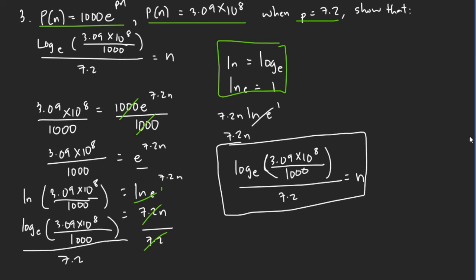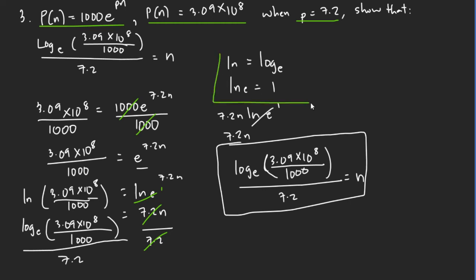Alright? So, question. Teacher, I'm confused. What am I going to do if I need to prove not log of e, rather ln of? Always remember that ln is also equivalent to log of e. And always use ln of n to cancel out any value if you need to solve for the exponent.